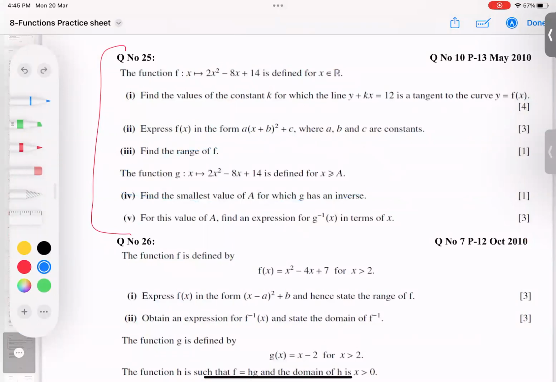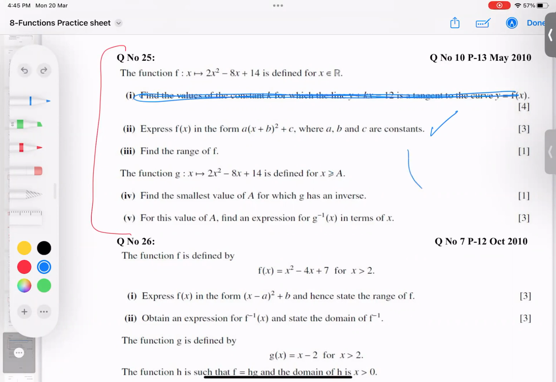Okay, let's start now. First of all, this is a real number. First you try, then I will help you, inshallah. You will not do the i part, leave it, because this is not a chapter of the functions. So you will try this part. Complete the square yourself, and it is a real number, and you will find the range for it. After that, you will find what A is.